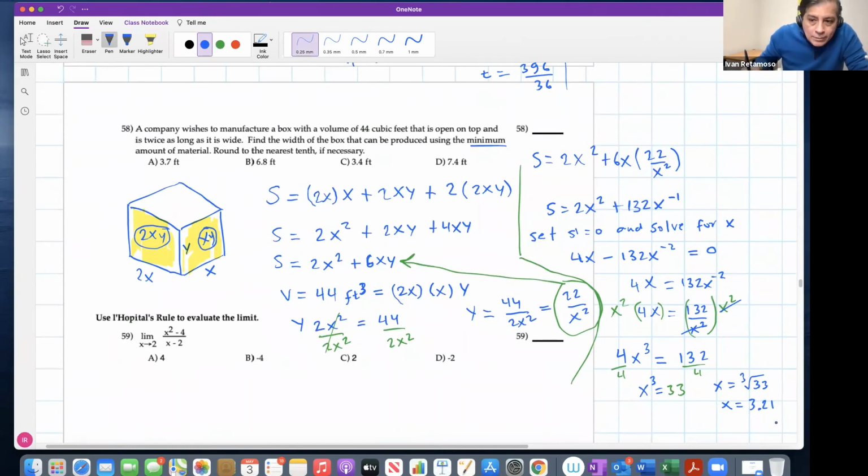The closest to 3.21 is this one, so this should be it, because there are a lot of computations there. Exponents are very sensitive to little changes, so just take the one that is the closest to what you get. And this is good, 3.4, the closest. Very good, in case it appears.